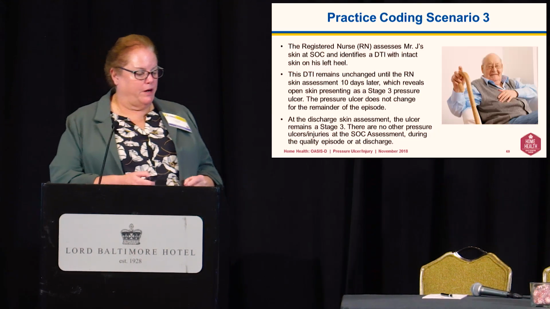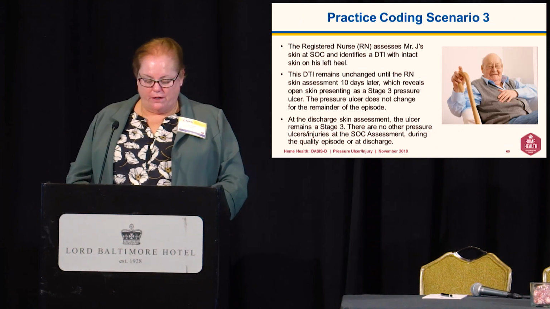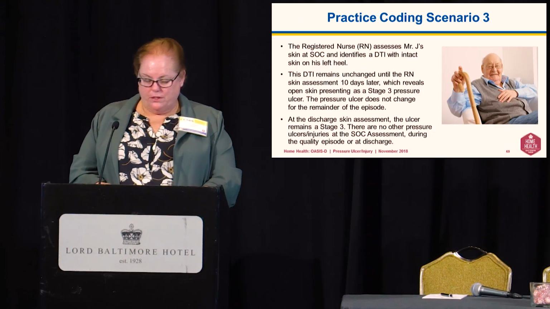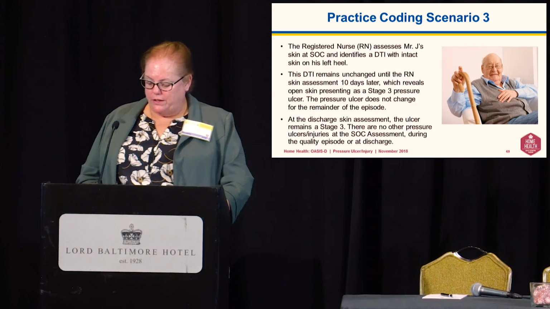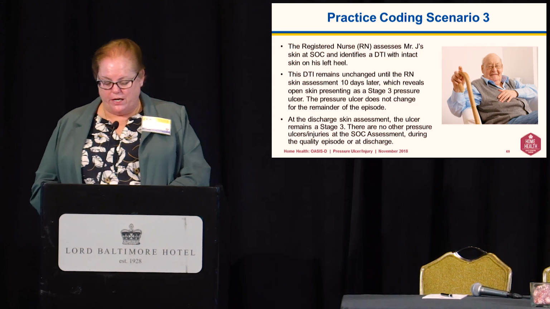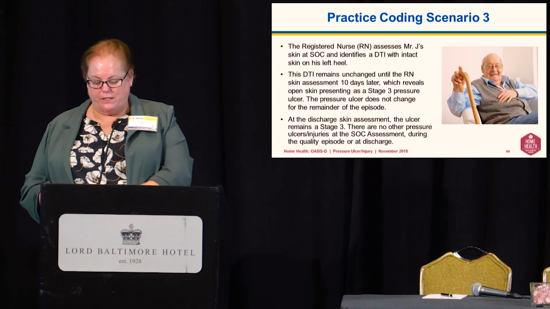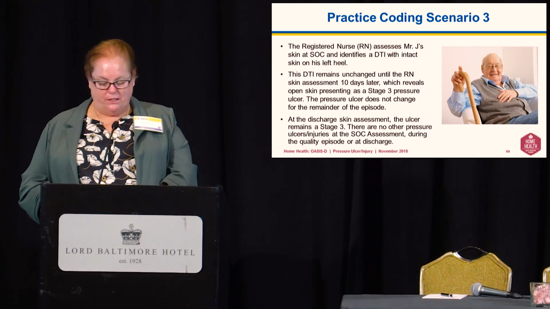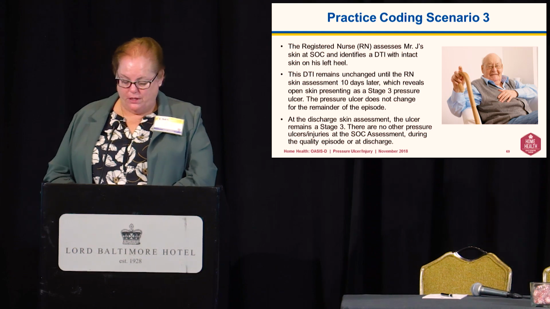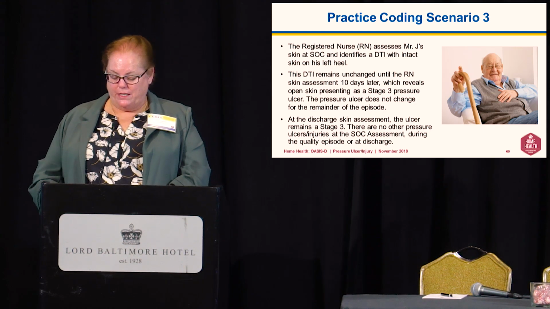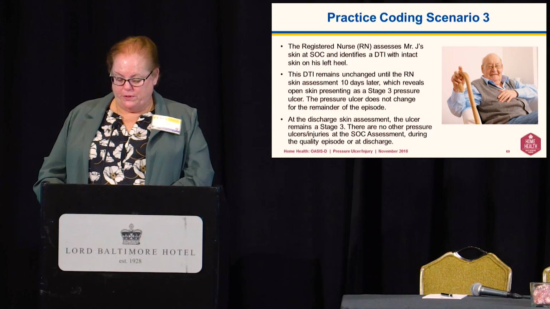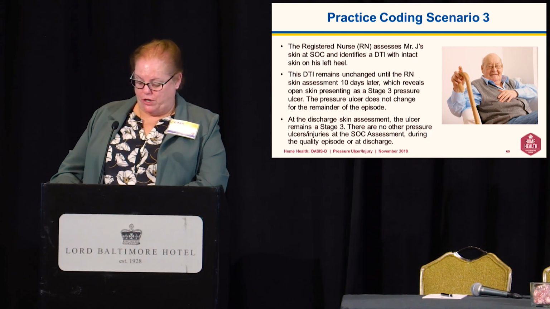All right, let's try another scenario. So this is practice scenario 3. Here we have, all right, the RN assesses Mr. J's skin at start of care and identifies a deep tissue injury with intact skin on his left heel. This DTI remains unchanged until the RN skin assessment 10 days later, which reveals open skin presenting as a stage 3 pressure ulcer.